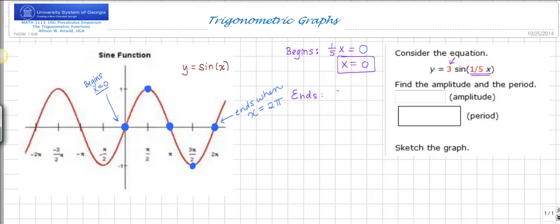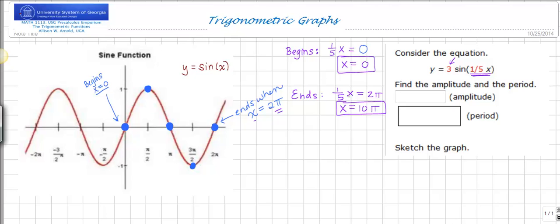Likewise, I can find where the graph ends by setting the argument of the function, or the angle, 1/5 x, equal to where sine is supposed to end, and I find out that this ends at the position 10 pi.